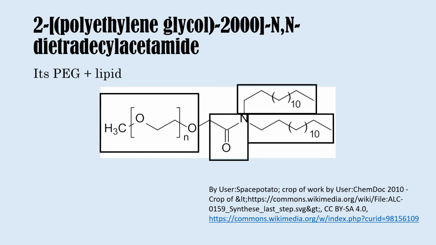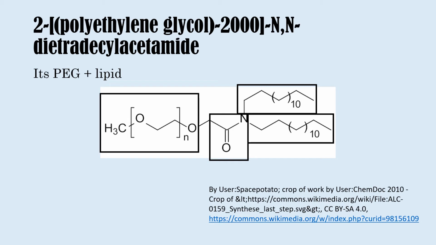And then we have these two things which are 10 carbons, and that's the reason why there's a decyl prefix in there, because there's 10 carbons and that's attached to the end.